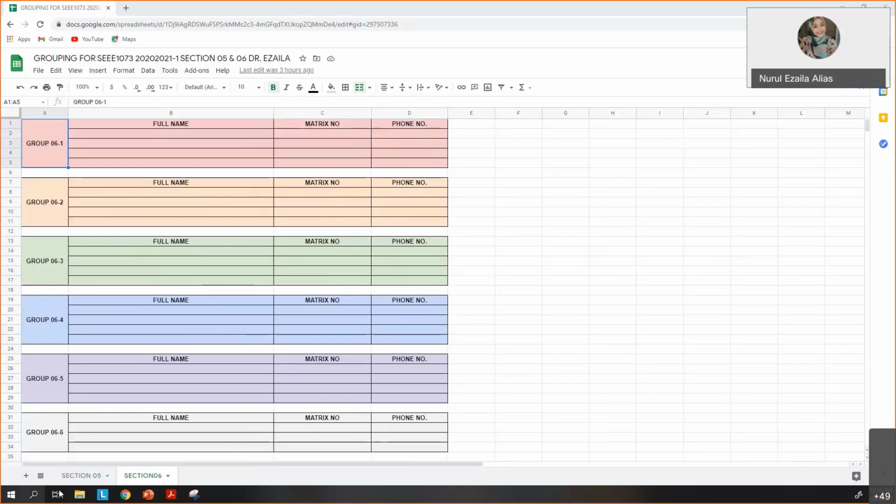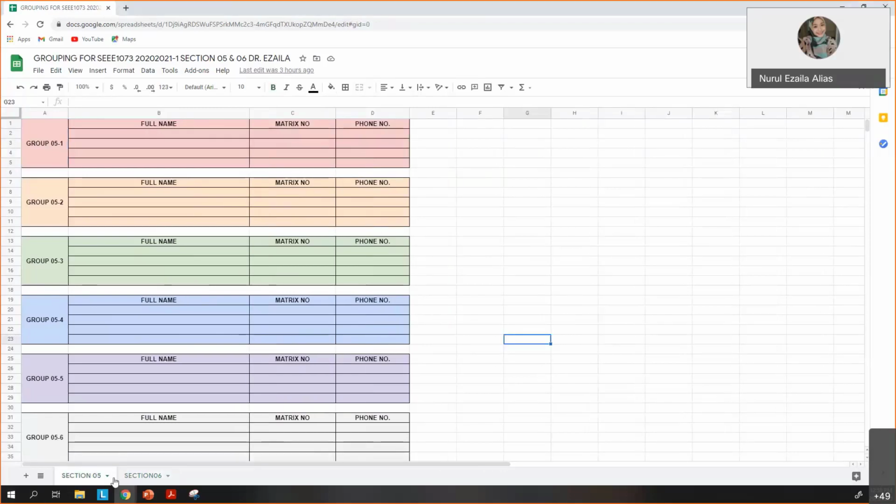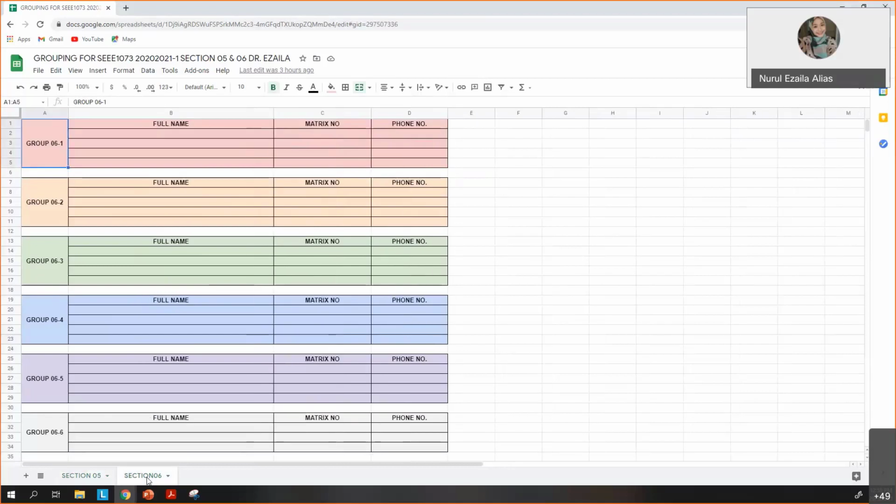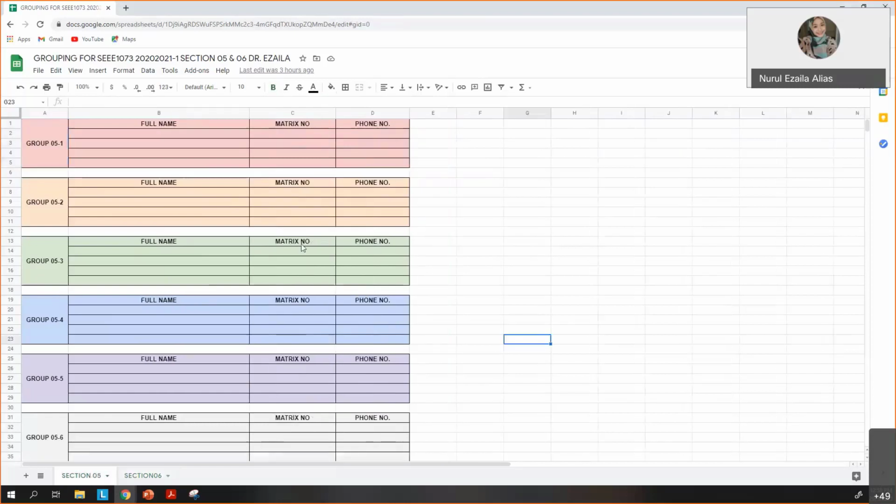So if you are SKEE 1073 section 5, you fill in your name here in the section 5 tab. Okay, no problem.